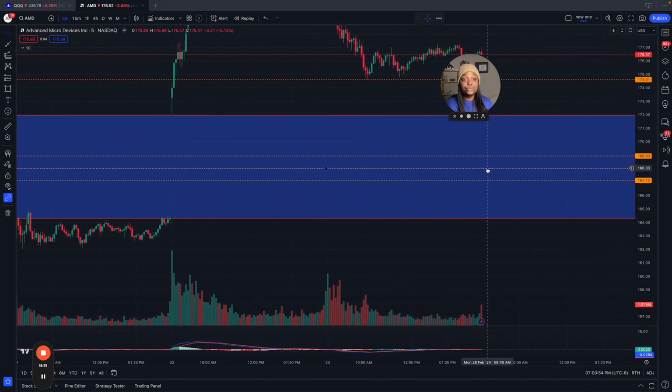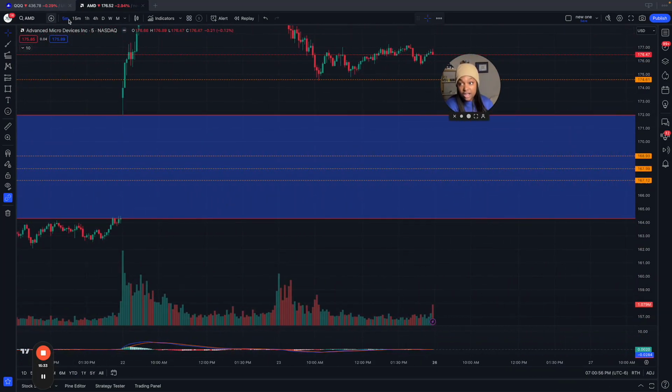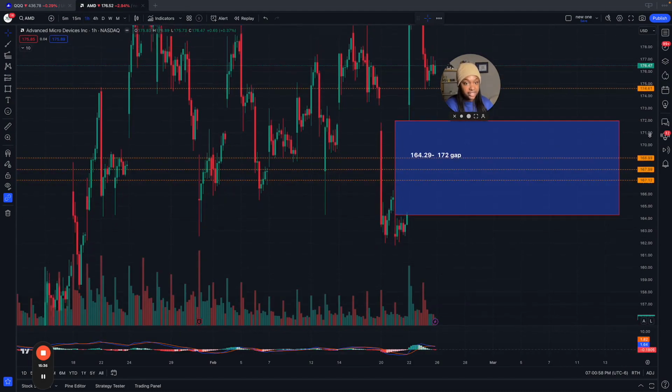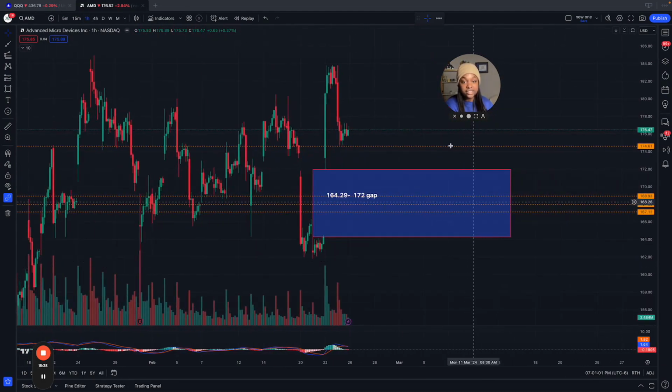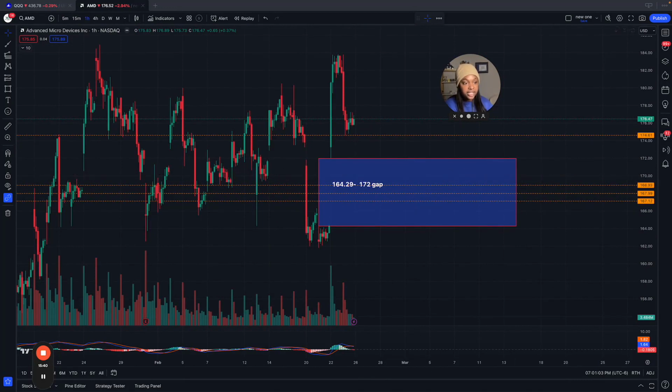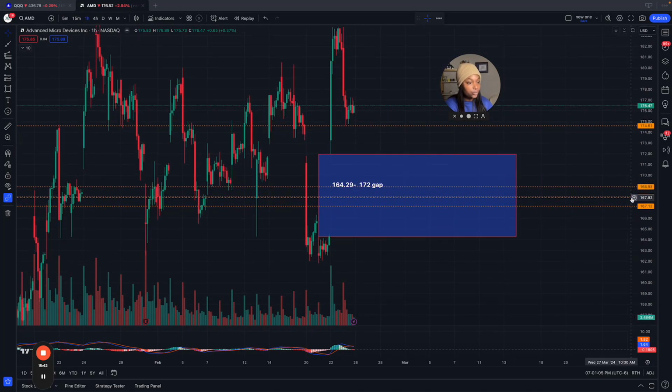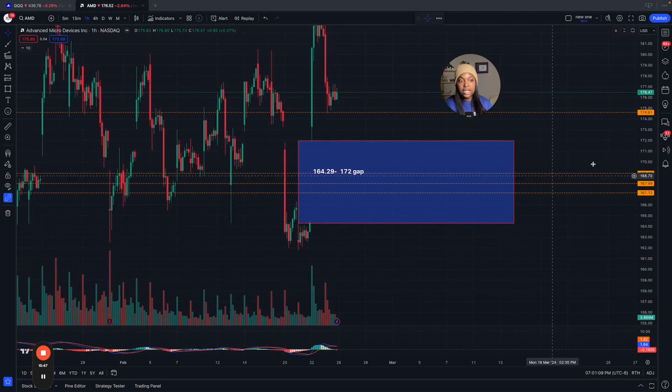If we see that price falls inside of this gap, we get an hourly close into there, we will be looking to scale at the 169, 168, I'm rounding up, 167, all right? Those are the levels that we will be watching inside of this gap.